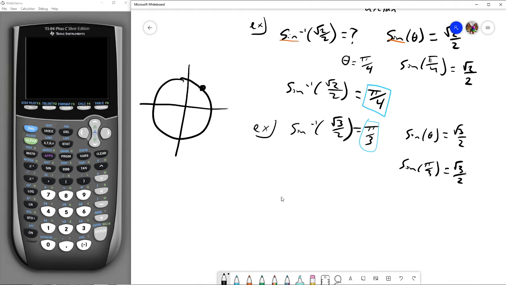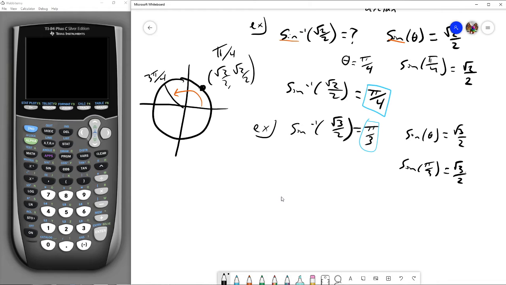Here is our pi over 4, root 2 over 2, comma root 2 over 2, and we said this was pi over 4. So sine equals root 2 over 2 at pi over 4, but that's not all. I could think of this angle over here, namely 3 pi over 4.